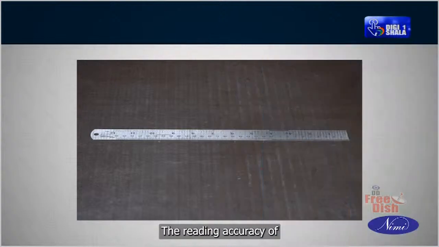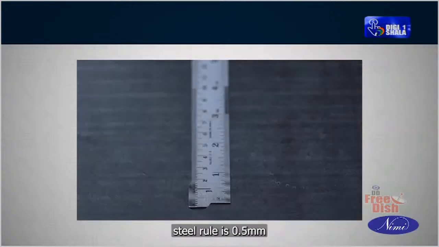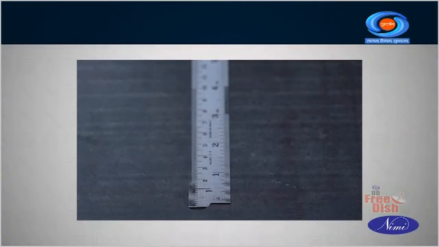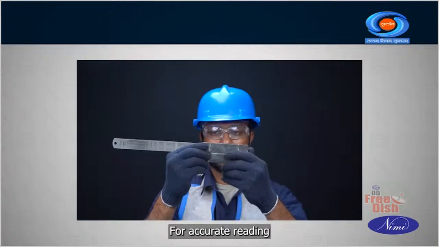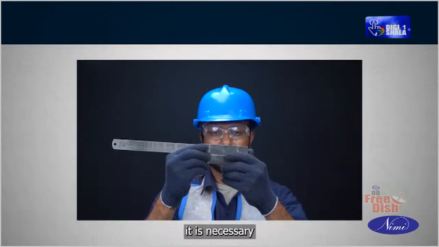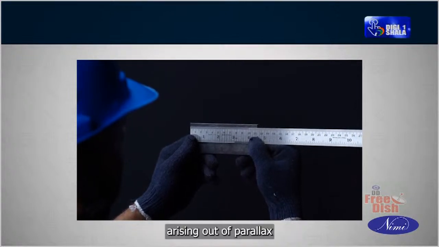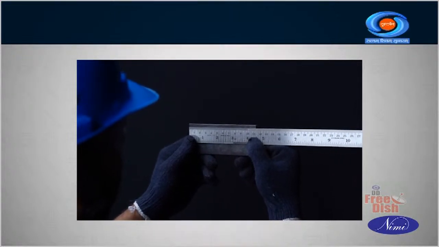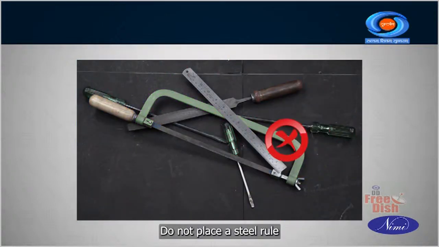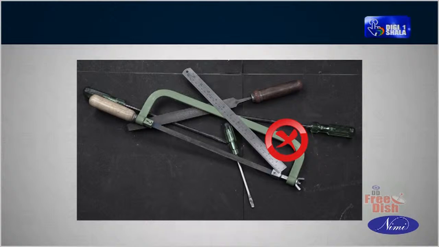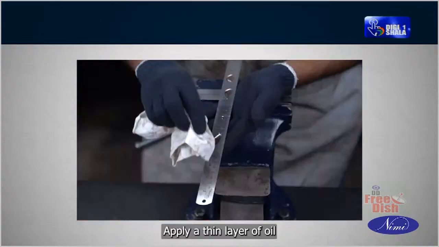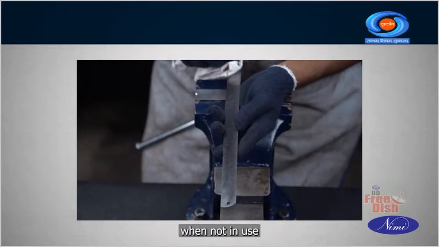The reading accuracy of steel rule is 0.5 mm. For accurate reading, it is necessary to read vertically to avoid errors arising out of parallax. Do not place a steel rule with other cutting tools. Apply a thin layer of oil when not in use.